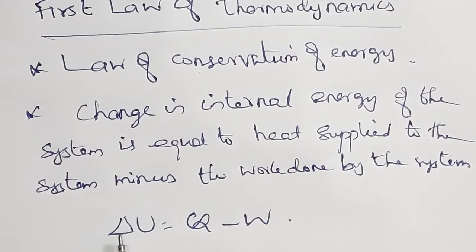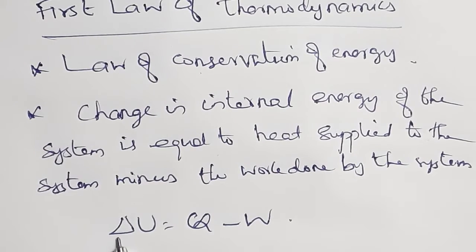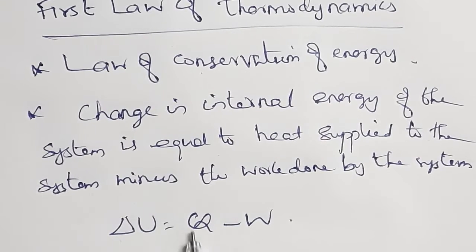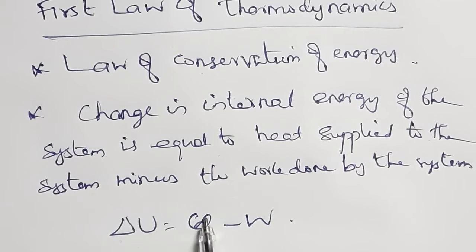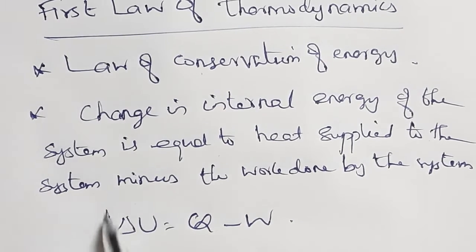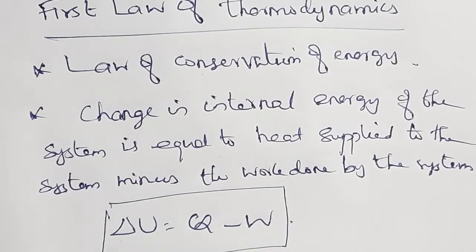So mathematically we can write delta U, the change in internal energy, where U represents the internal energy, is equal to Q, the heat supplied to the system, minus W, the work done by the system. So this is the first law of thermodynamics.